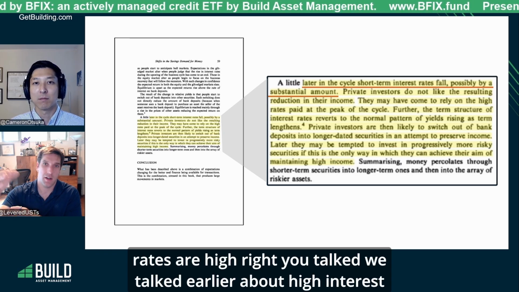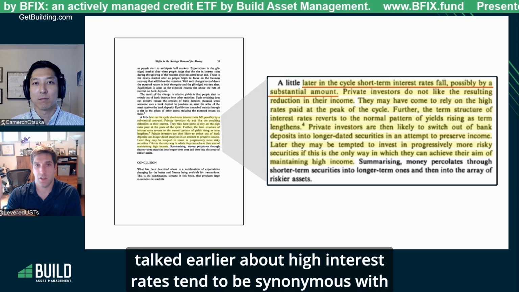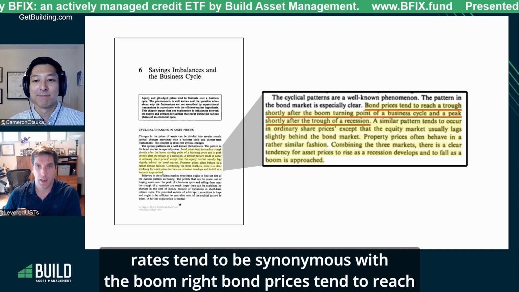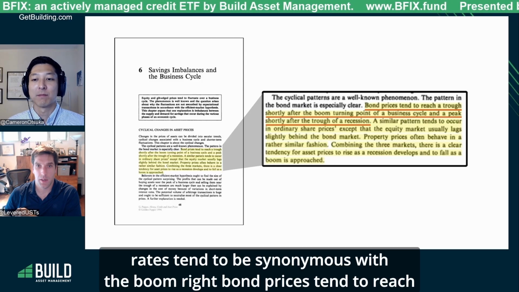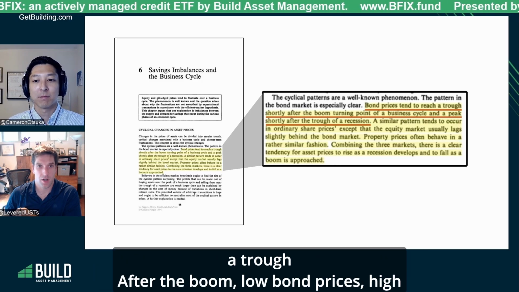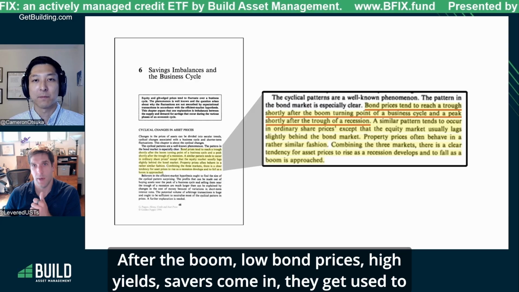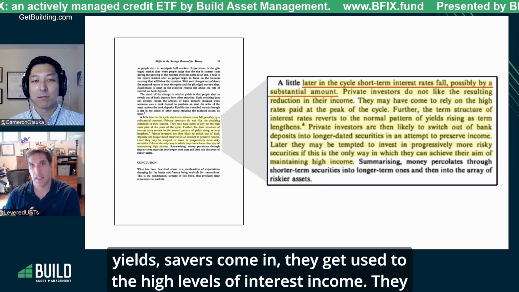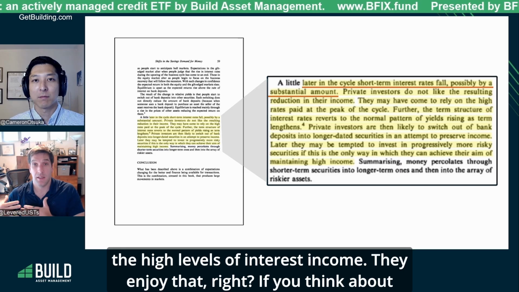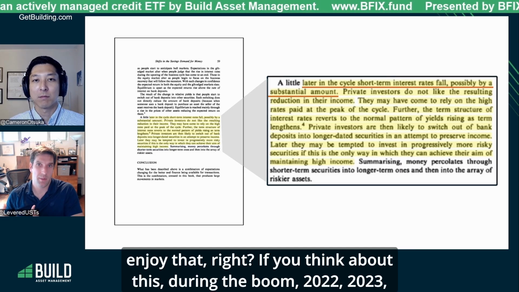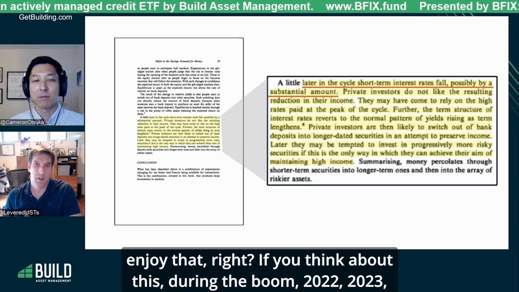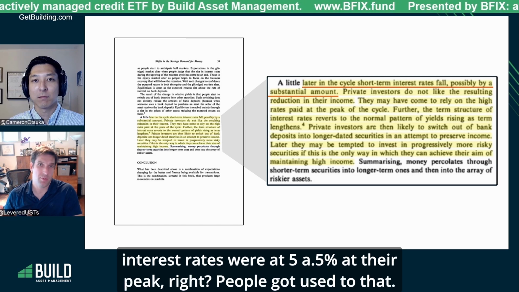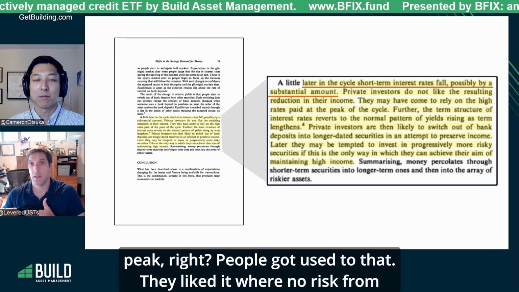And we talked earlier about high interest rates tending to be synonymous with the boom, right? Prices tend to reach a trough after the boom. Low bond prices, high yields. Savers come in, they get used to the high levels of interest income. They enjoy that, right? And if you think about this, during the boom, 2022, 2023, interest rates were at 5.5% at their peak, right? People got used to that.